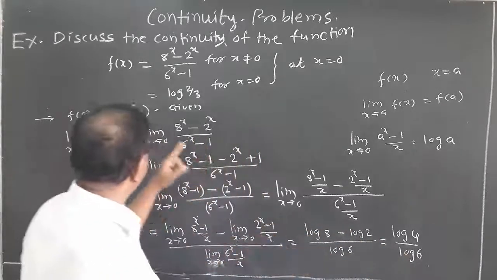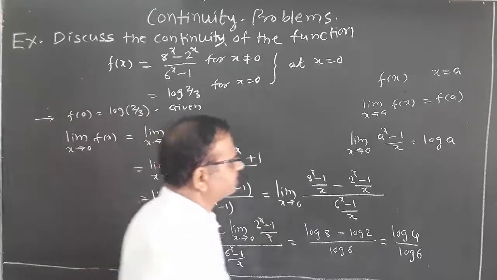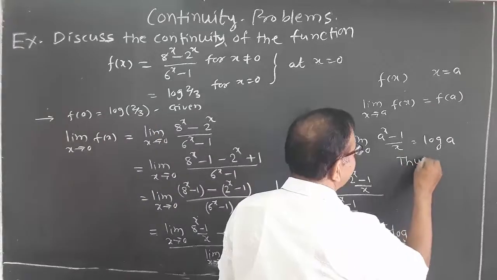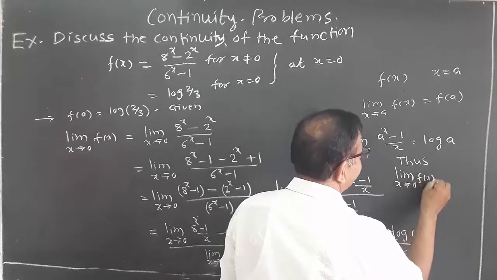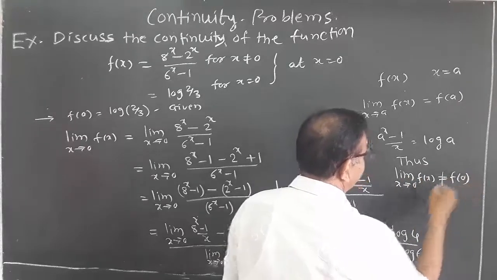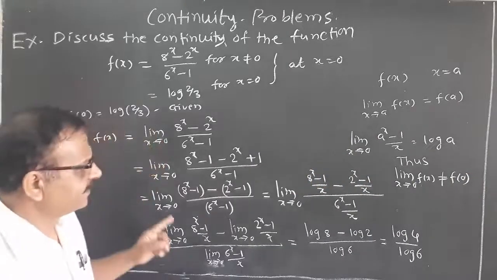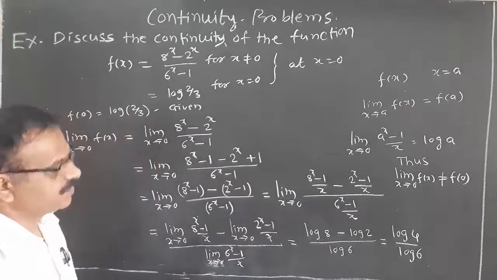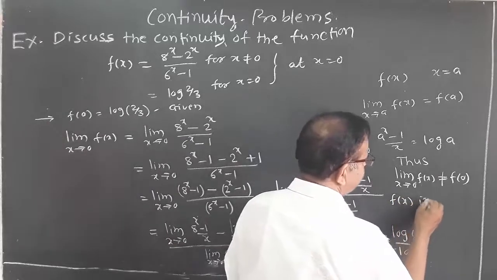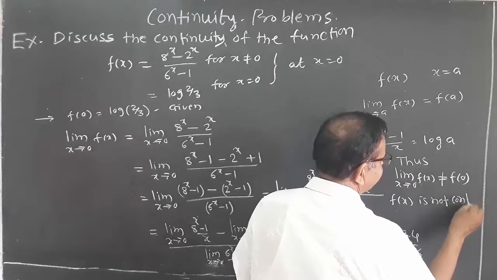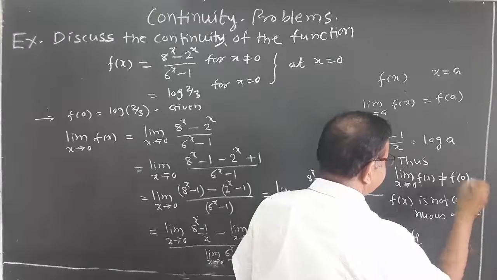It is not equal to log of 2/3. Thus, limit x tends to 0 of f(x) is not equal to f(0), and hence f(x) is not continuous at x equal to 0.